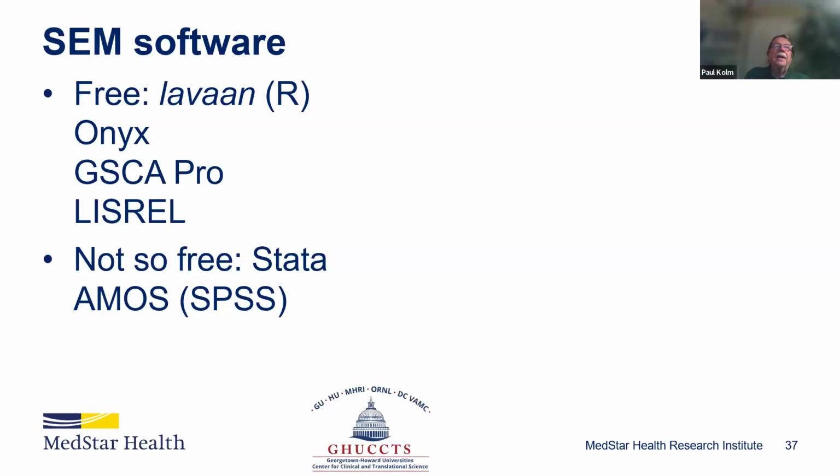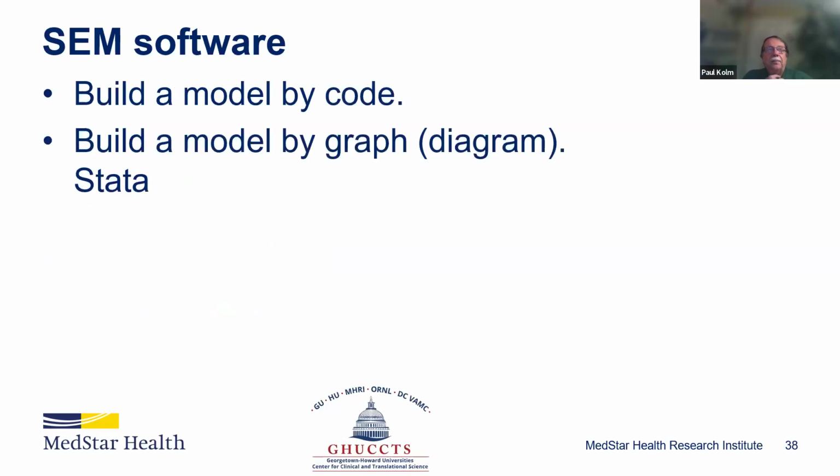The thing about Stata, and I'm not sure this applies to the free software, it may, is that we can build a model by either writing code, where you would have lines of code to specify your model and the relationships. And what I like about Stata is that we can build a model by using a graph or a diagram. We don't have to actually write the code. We can do it by graph, and Stata will write the code for us.